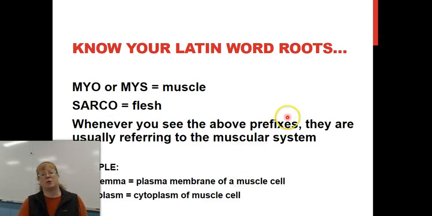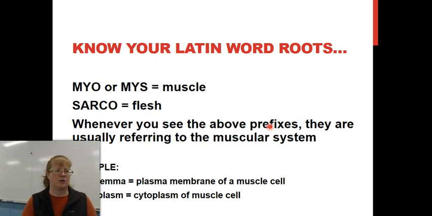Some other words that really pertain to the muscular system are your terms myo or mys. Whenever you see those prefixes, that refers to the muscular system. And there are terms like sarco, which means flesh.